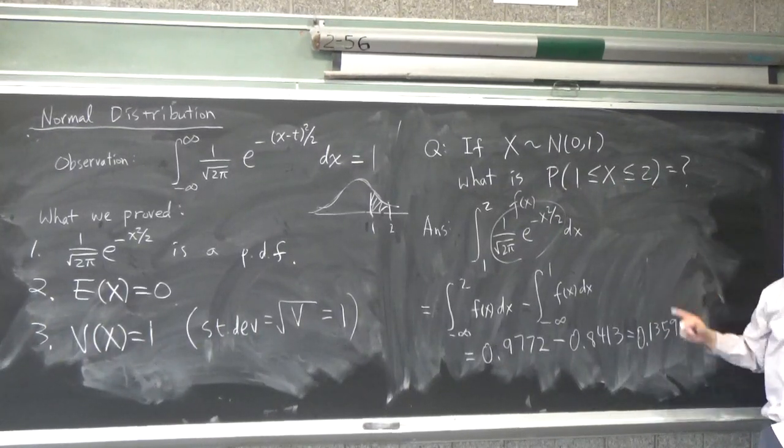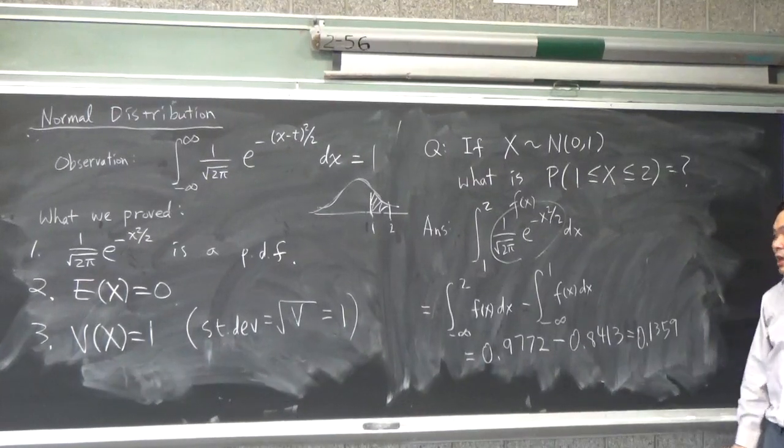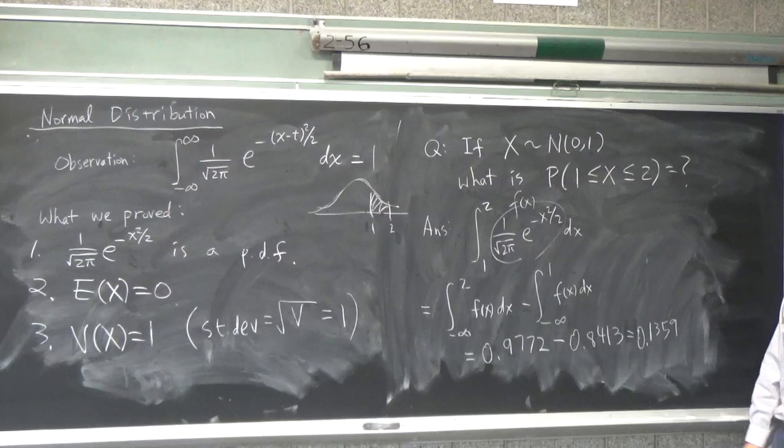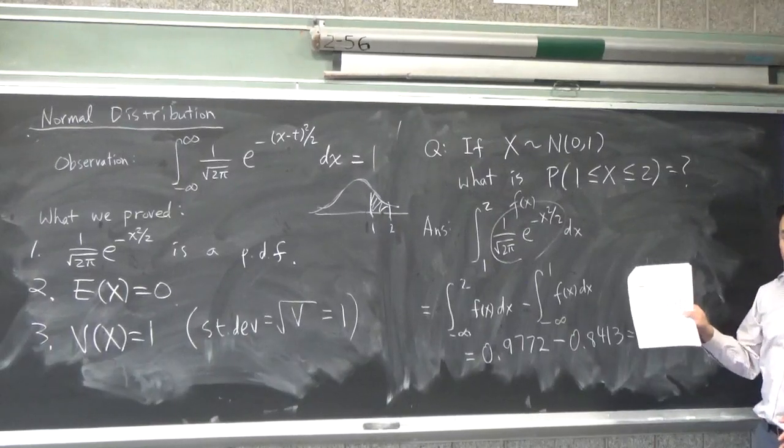That's what we mean. So in the future, you're going to have these word problems where the answer is not obtained by doing the actual integration, but rather you have to find it from the chart. That's what you do.